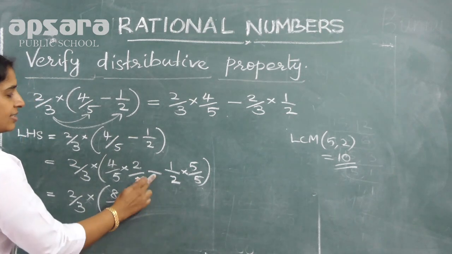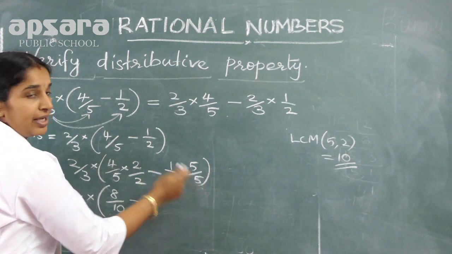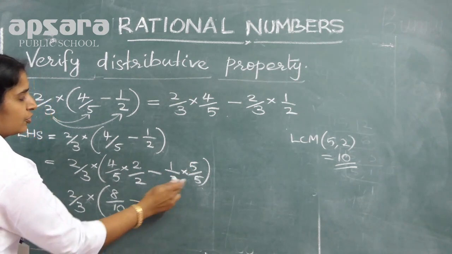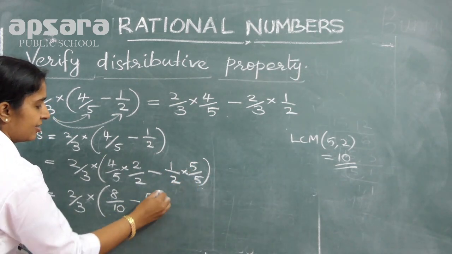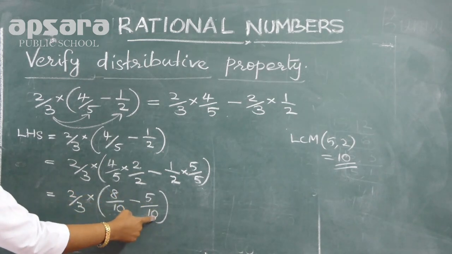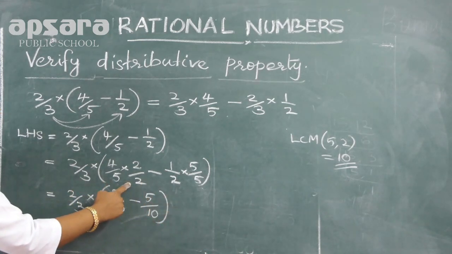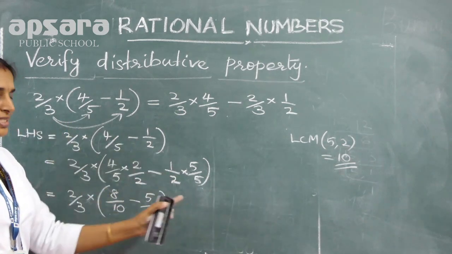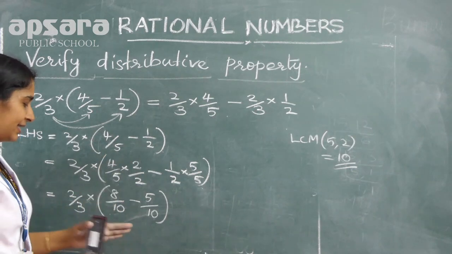Minus 1 by 2 into 5 by 5. What is 1 into 5? 5. 2 5s are 10. Right? So 2 by 3 into 8 by 10 minus 5 by 10. Now see the bracket. 8 by 10 minus 5 by 10. What is that? 8 minus 5, it is 3, 3 by 10.